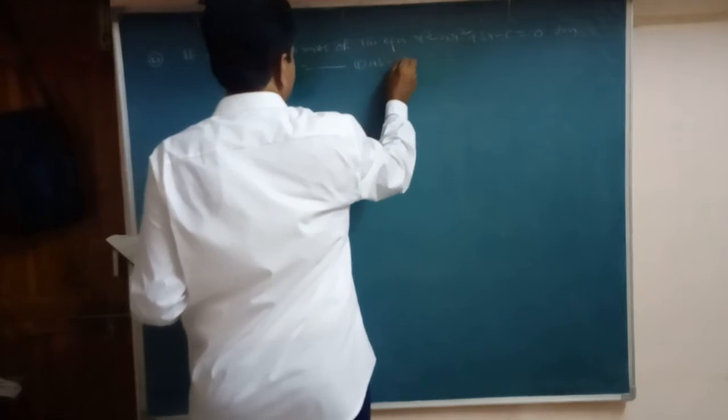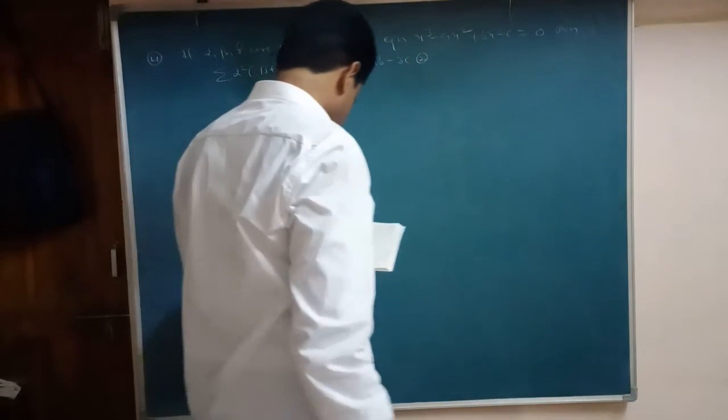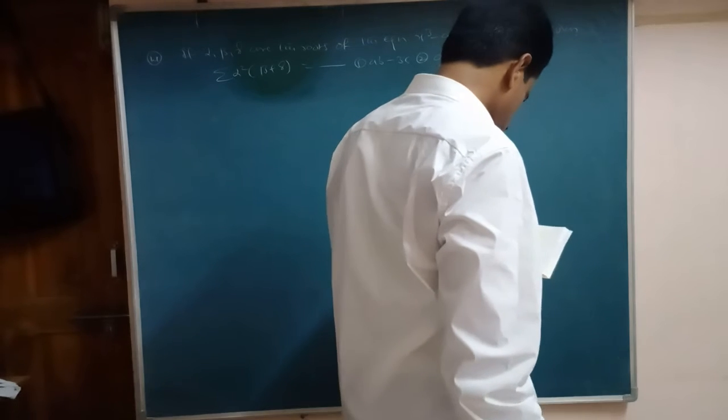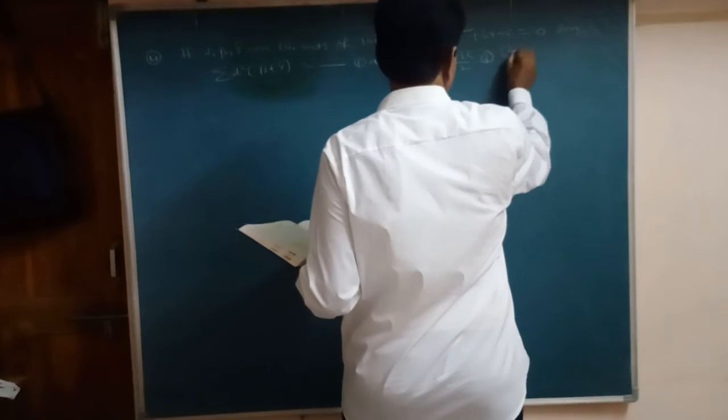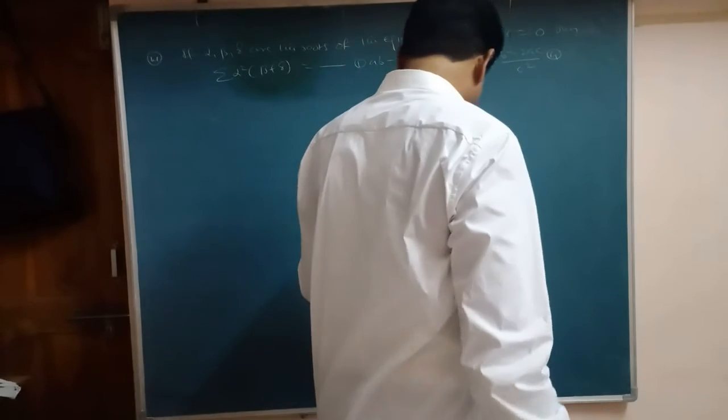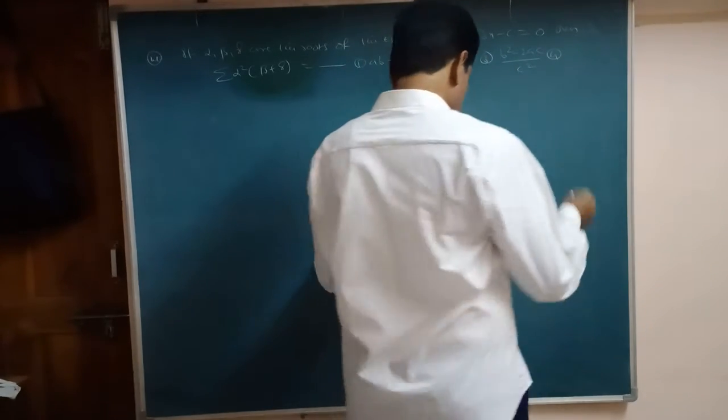First option: AB minus 3C, and second one: AB minus 3C by 2, and third one: B square minus 2AC by C square, and fourth one: A square minus 2B by C square.